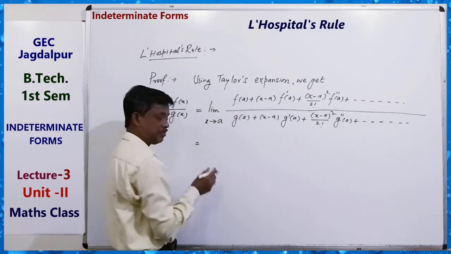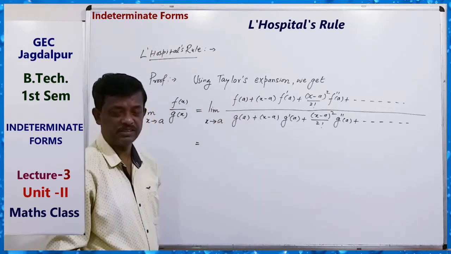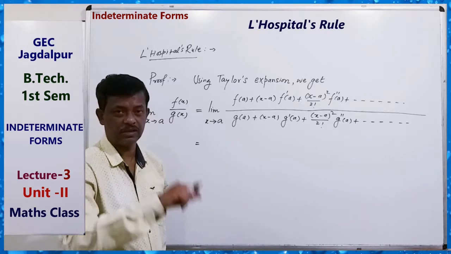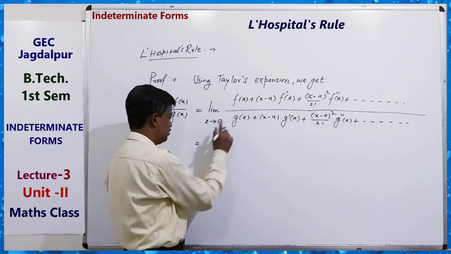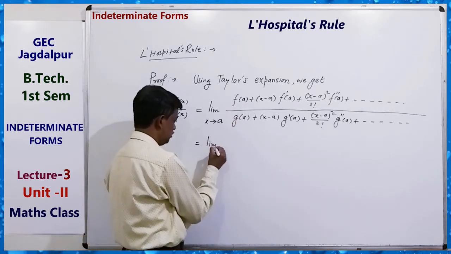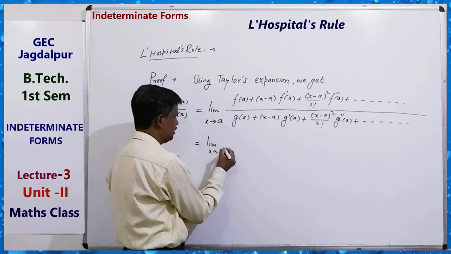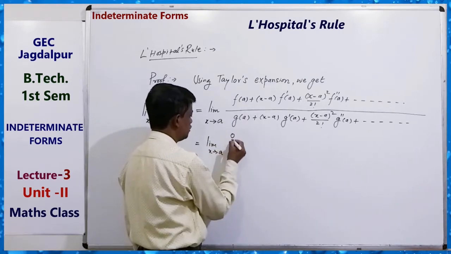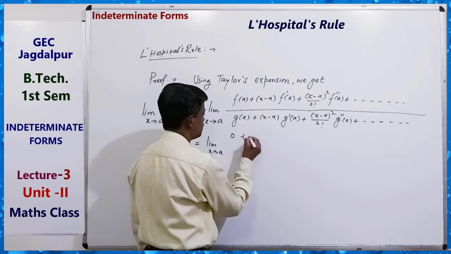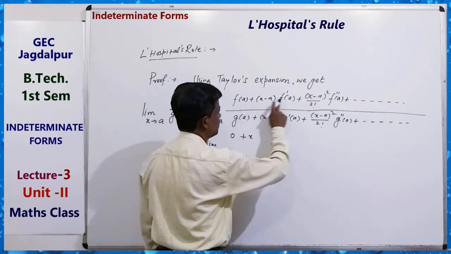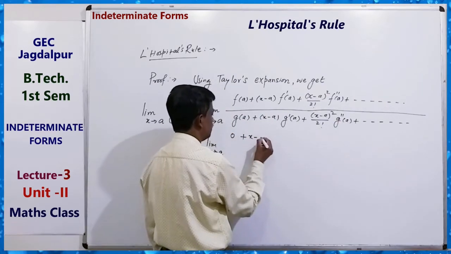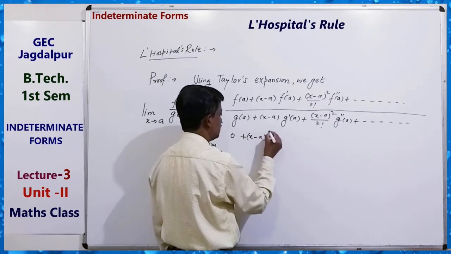Now, in the statement it is given that f a equals 0 and g a equals 0. So we get the limit as x tends to a of: 0 plus x minus a, and in the remaining terms we can take x minus a common.